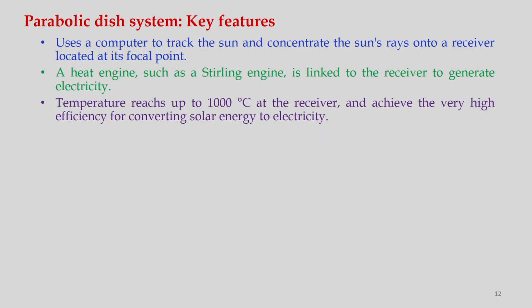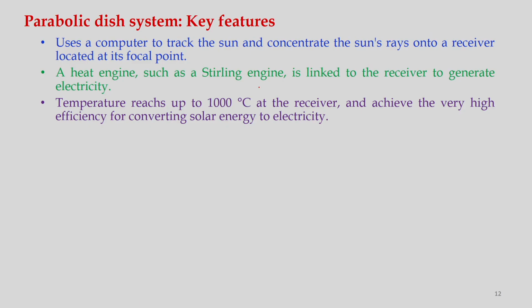Now there are some key features of this technology, like this technology uses a computer to track the sun. Okay. It is a very precision tracking system and concentrates the sun's rays onto the receiver located at its focal point. A heat engine such as a Stirling engine is linked to the receiver to generate electricity.